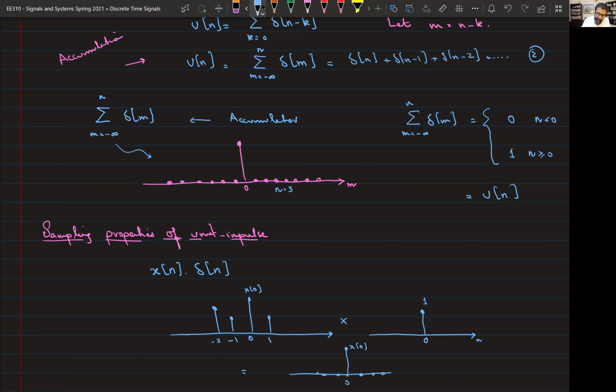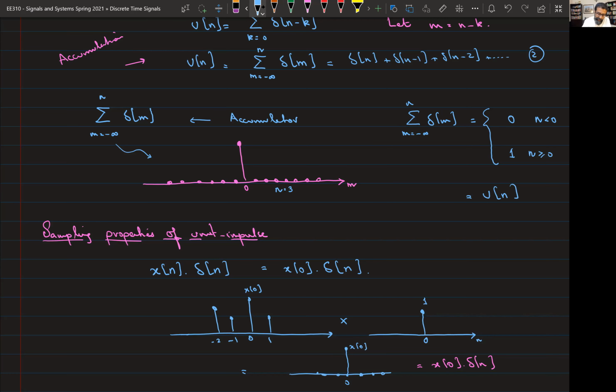What is this equal to? This is nothing but, as Omar points out, x of 0 times delta of n, right? Just like what we had in the continuous time.